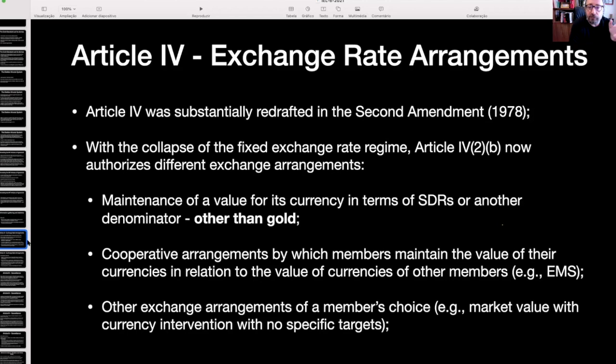So complete flexibility for IMF members to adopt the exchange rate arrangements they wish. And so ultimately what we have is the value of, say, the euro or the British pound today is determined by the market, by the demand and supply of British pounds and all the other currencies, US dollars, euro, etc.